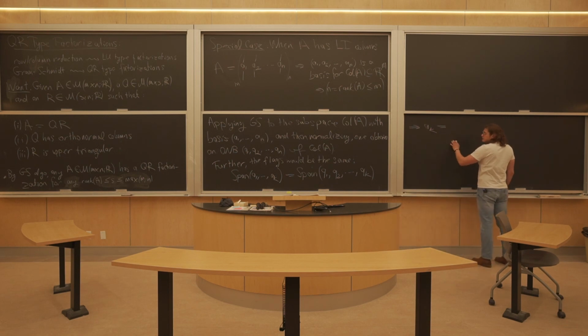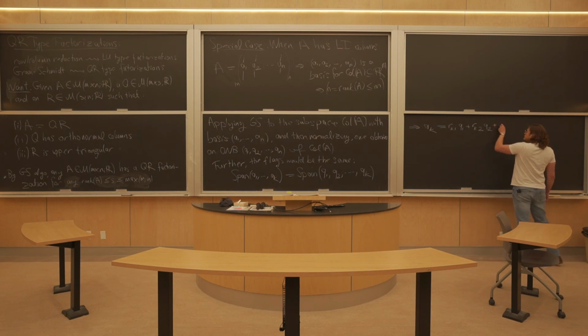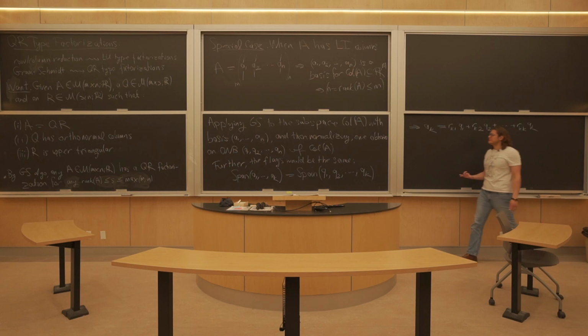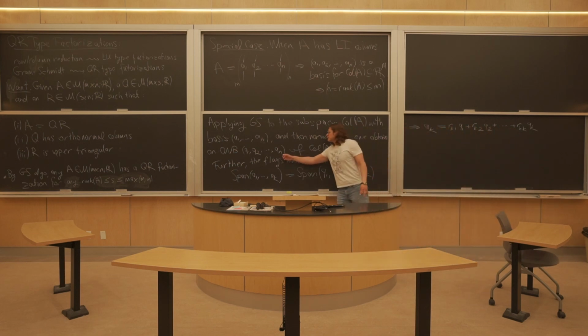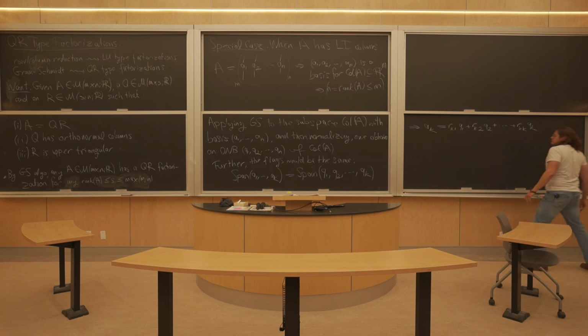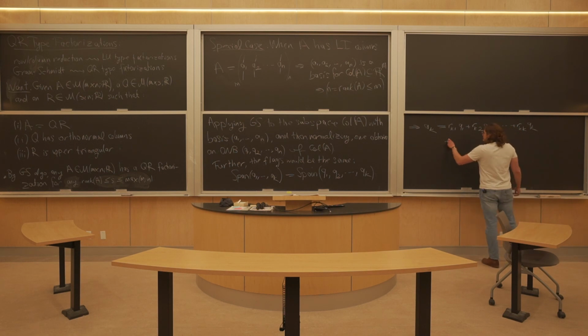So let's write it like this: Rk1 Q1 plus Rk2 Q2 plus dot dot dot plus Rkk Qk. Now if I want, I can keep going, of course, because Ak is in the column space and this is a basis. But the remaining elements are always going to have 0 as the coefficient because of this flag preservation property.